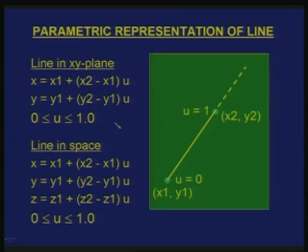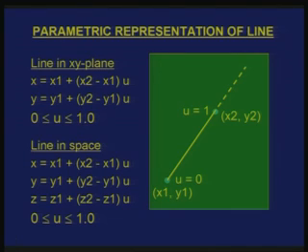In parametric representation you also try to impose bounds. Okay. It is like saying that u, the parameter, has a range starting from 0 and it goes all the way to 1. Now, these bounds are also helpful in many ways. Firstly, if I put u is equal to 0, I will get the starting point. If I put u is equal to 1, I will get the end point, that is, a line segment.